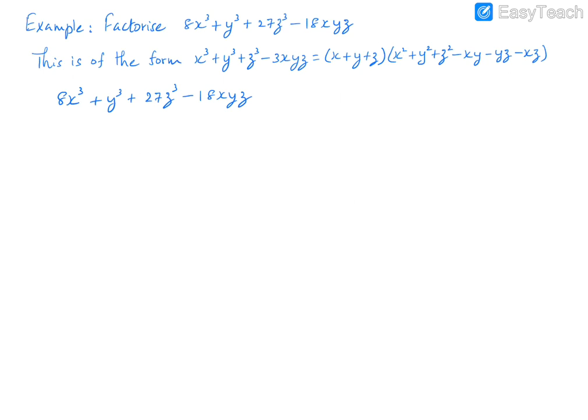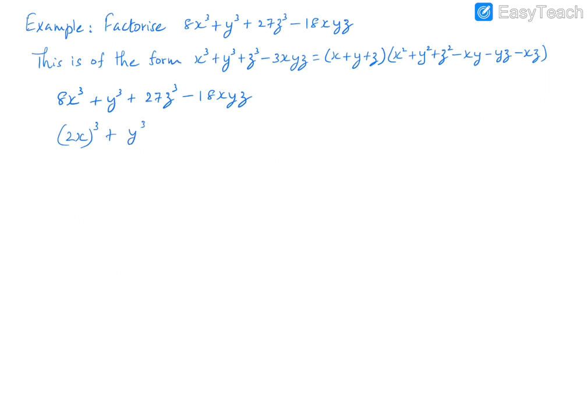Okay, so we need to rewrite this expression in a form that resembles the general expression for the identity. So we want it as x power 3. So we can write this 8x cubed as 2x power 3. So in place of x, we are going to have 2x. So 2x power 3 is 8x cubed.